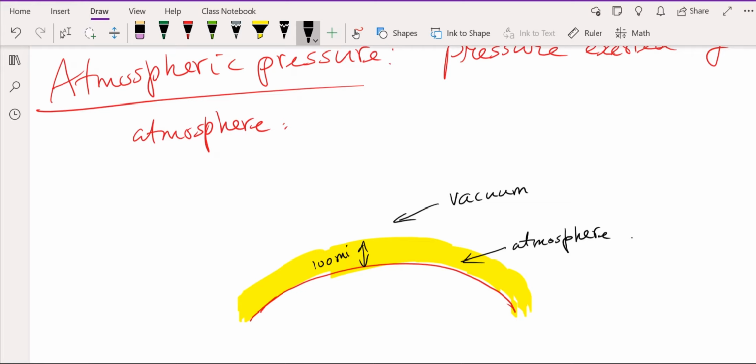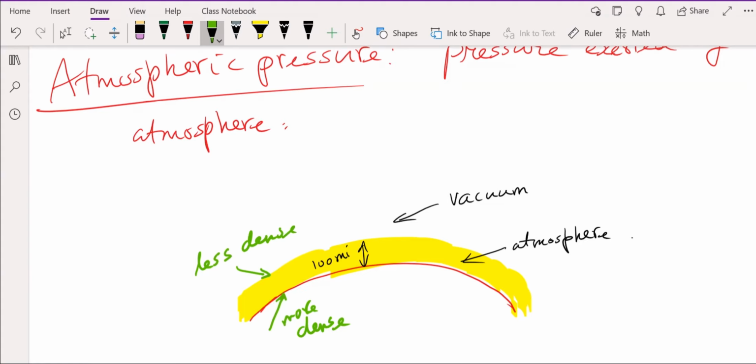So it is more dense at the bottom and less dense at the top. It becomes lighter and lighter as it goes higher and higher.